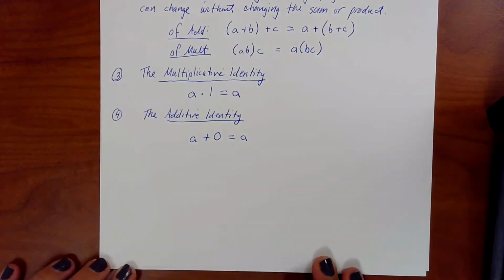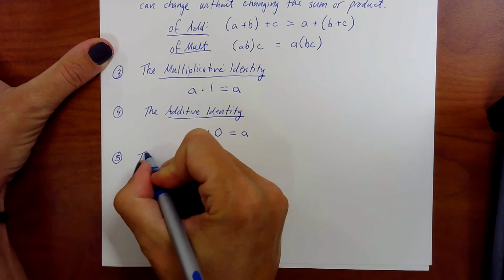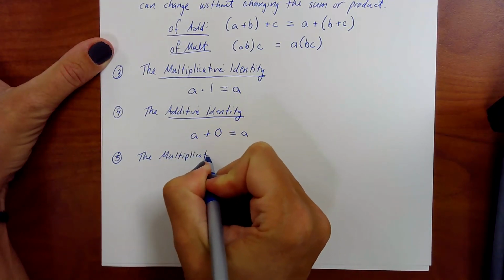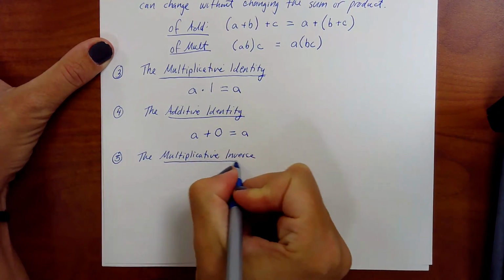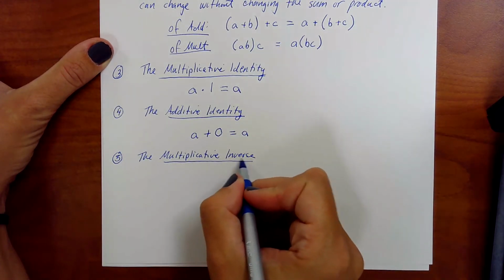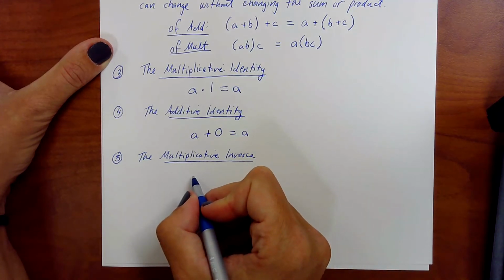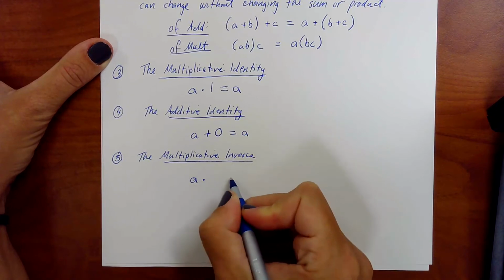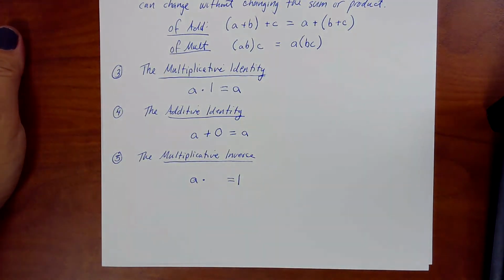Then we get a little trickier and we talk about inverse. So the multiplicative inverse. This one's harder. So you take, now inverse is kind of like opposite. So what you want to do is you take something, multiply it by something, and you want to get back 1. Let's do it with a number.